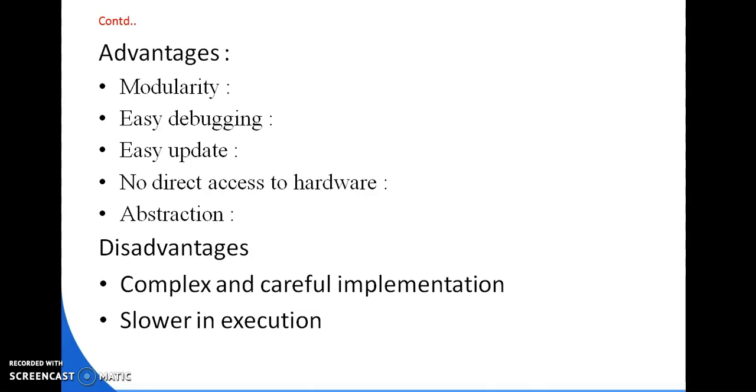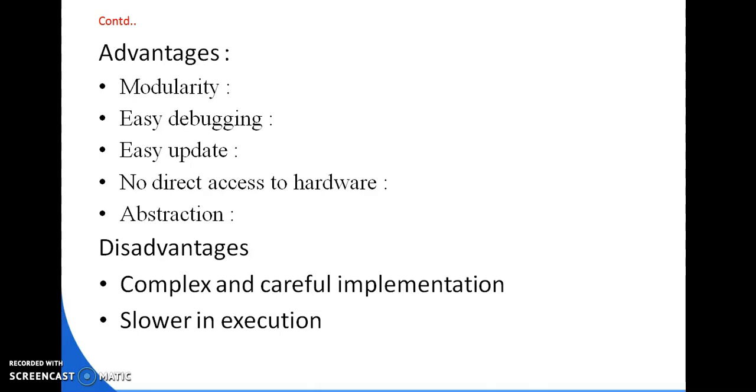Next, what are the disadvantages? A very complex and careful implementation, and slower execution. First, the complex and careful implementation. As a layer can access the services of the layers below it, the arrangement of the layers must be done carefully.